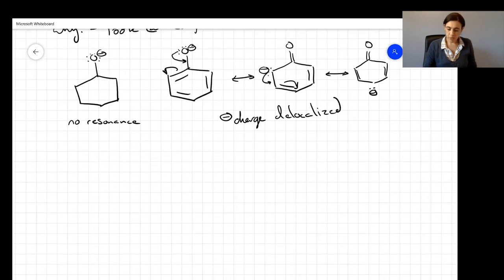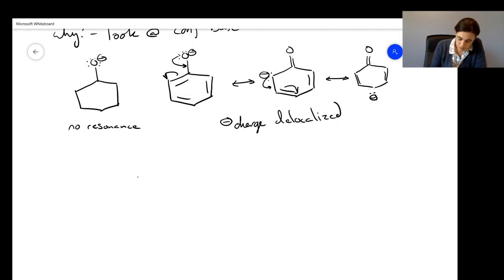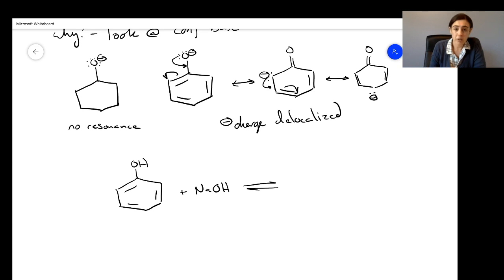One thing I will point out is if we then look at this equation, remember we compared this earlier with ethanol and said that sodium hydroxide was not a strong enough base to give large quantities of the alkoxide.